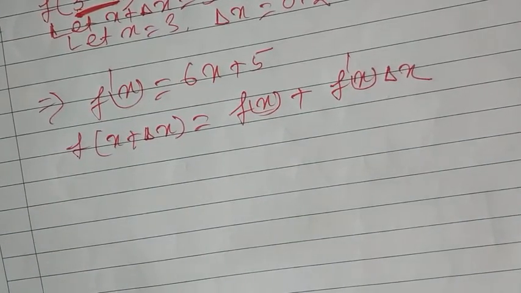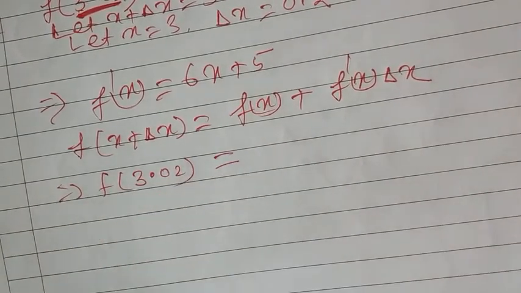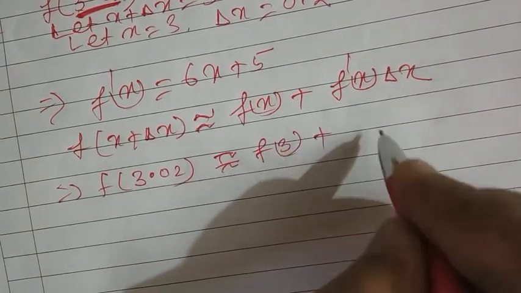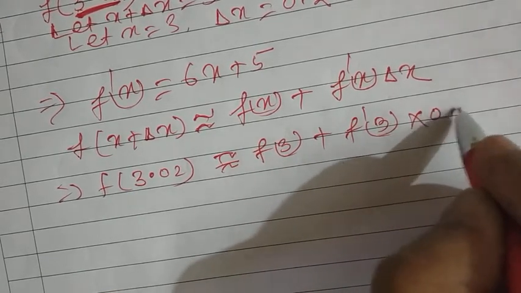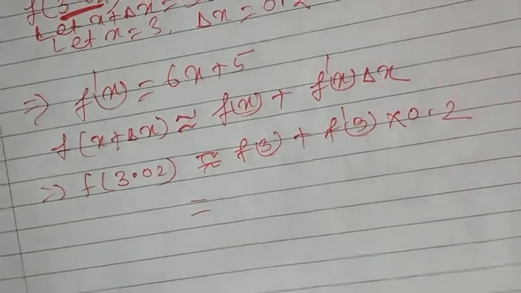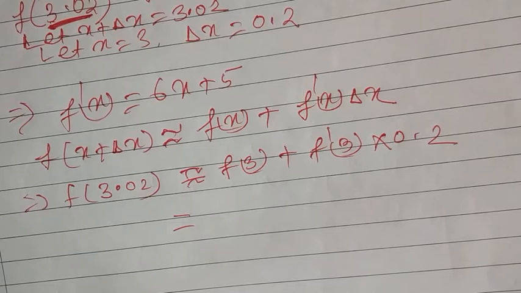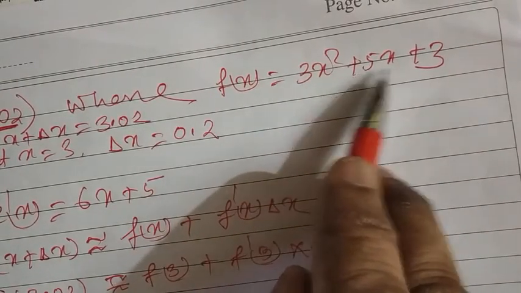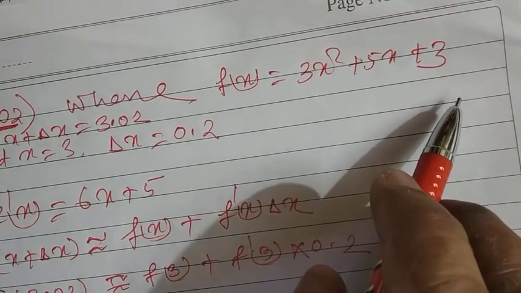That is, f of 3.02 is approximately equal to f of 3 plus f dash 3 into 0.02. What is f of 3? Find f of 3. It is 27 plus 15 plus 3, that is 27 plus 18, which is 45.